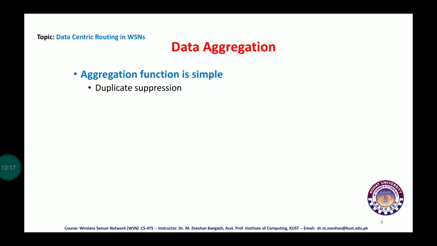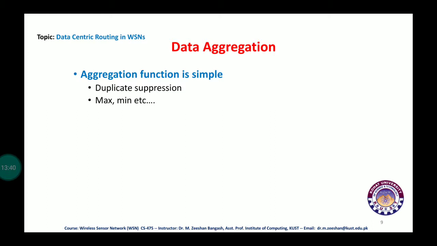The data received from multiple locations is passed to an aggregation function, and then a value is calculated based on the data received from different locations, and that aggregated value is passed on to a central location or to a certain level. So it suppresses the duplication.